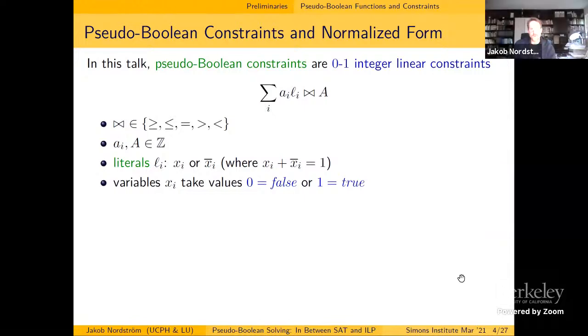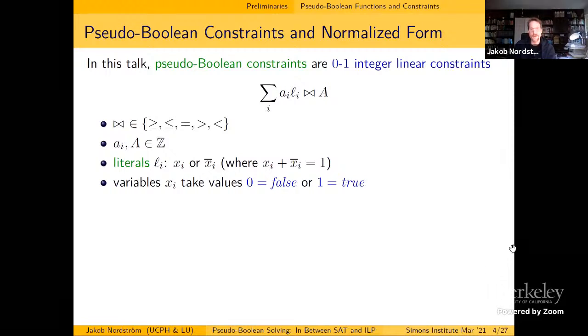Okay, so just to make clear we're on the same page. Pseudo-Boolean constraints will be linear constraints for the rest of this talk, where I have integer coefficients, an integer constant term, and literals, that's just variables or negated variables that take values true or false, so 1 or 0.